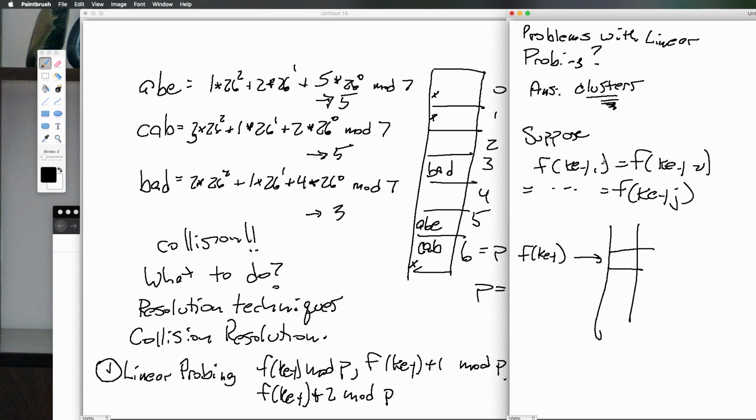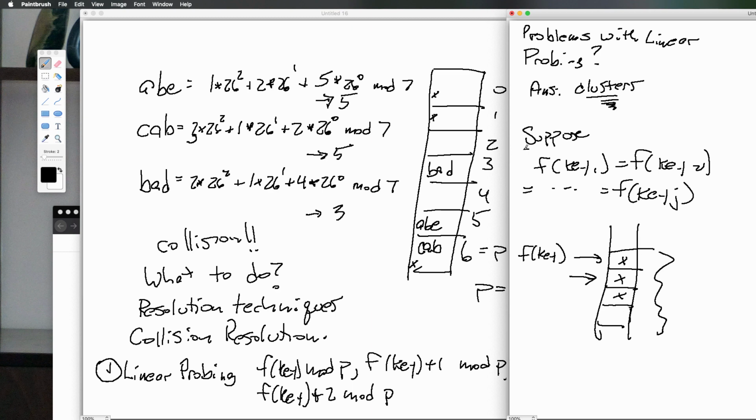And then what's going to happen if I have lots of keys that all map to here, well, then this will be occupied, and this will be occupied, and this will be occupied. And you can see what's happening is you're developing a cluster over here. So now what happens is if I have some other key that maps over to here, it's going to go, well, gee, that's occupied already, and it too is going to have to start doing linear probing.